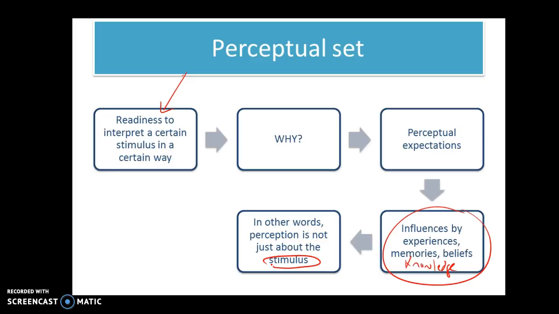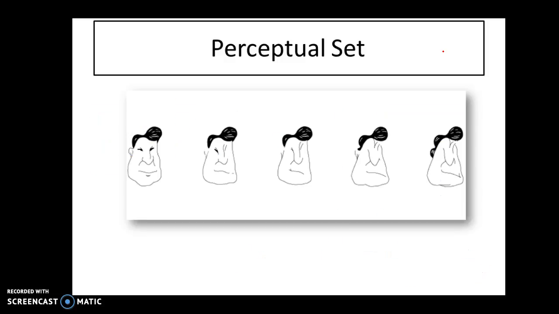Why do they often use ambiguous characters, ambiguous images when dealing with top-down processing and perceptual set? Because I want you to always link perceptual set with top-down processing, okay? Perceptual set, again, is a tendency. Top-down is a process we use.